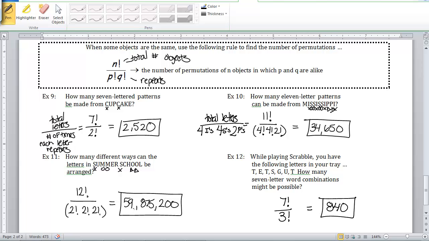That gave me 59,875,200. In example 12, we had 7 letters total, and the letter T appeared 3 times. So I had to divide out the letter T repeats. That divided to 840. Please now complete tonight's assignment.